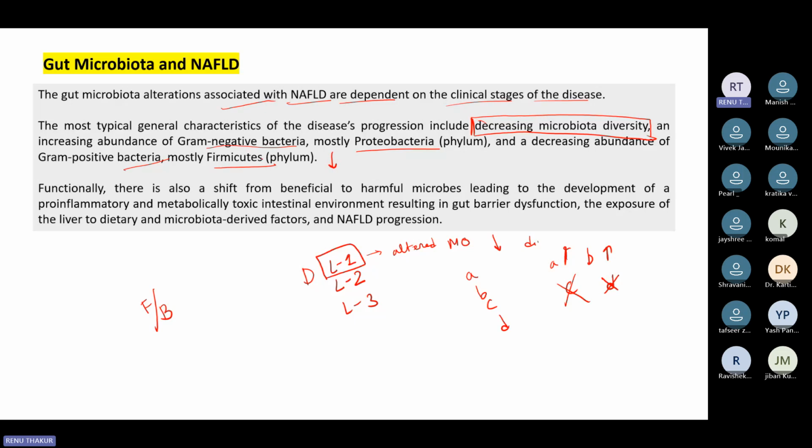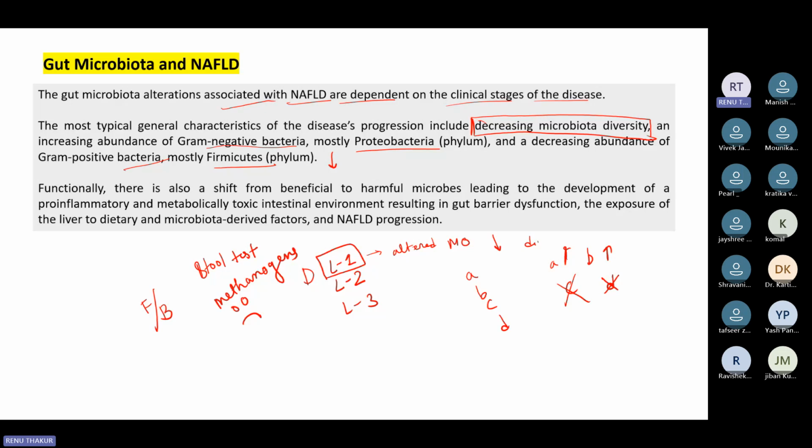So how are these things measured? Your doctor will conduct a stool test. If our stool is rich in methanogens, then also our body is having inflammation. And if the firmicutes population is also low, then you are also having trouble in your body.